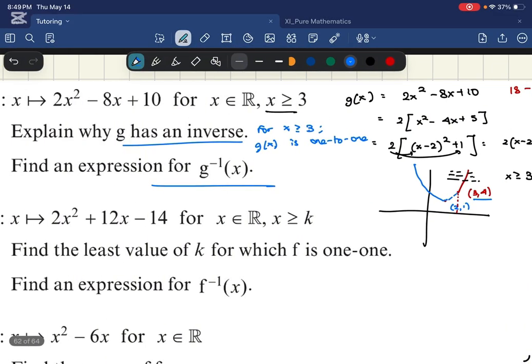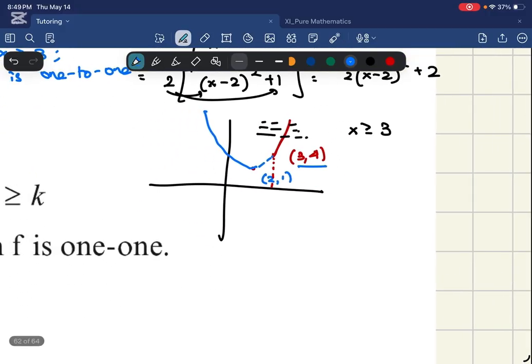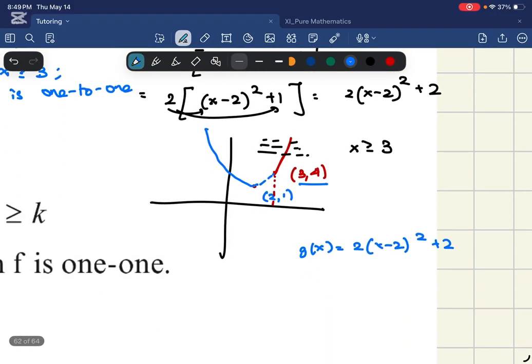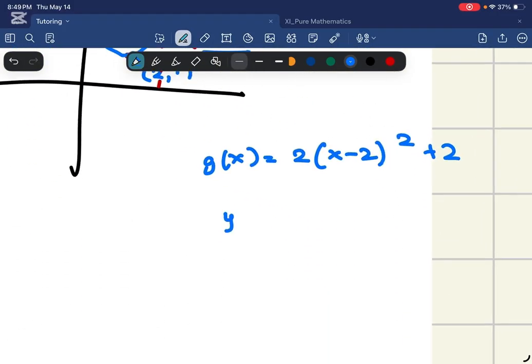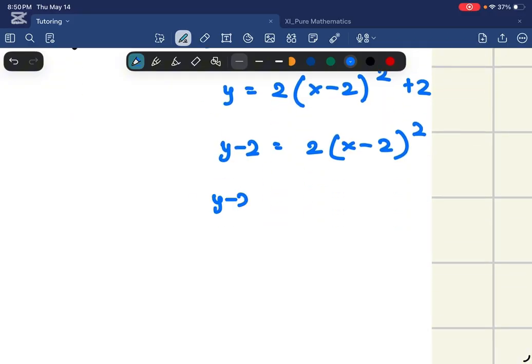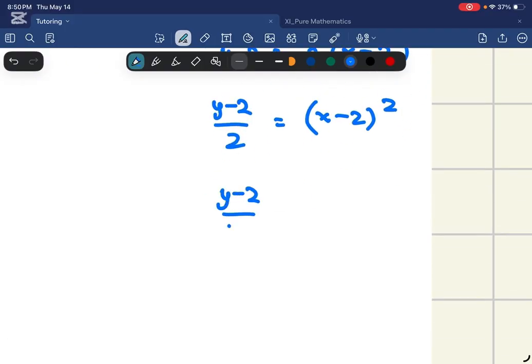So for g inverse of x, I'm going to use g of x is equal to 2x minus 2 squared plus 2 as reference. So y is 2x minus 2 squared plus 2. Y minus 2 is 2x minus 2 squared. And I have y minus 2 by 2 is x minus 2 squared. And I take the square root, I get square root of y minus 2 by 2 is equal to x minus 2.